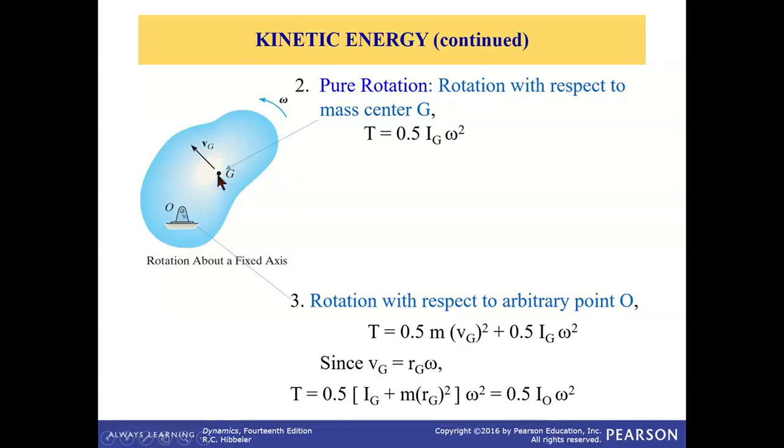If the point of rotation is G, then it's Ig omega square. If the point of rotation is O, then it's Io omega square.